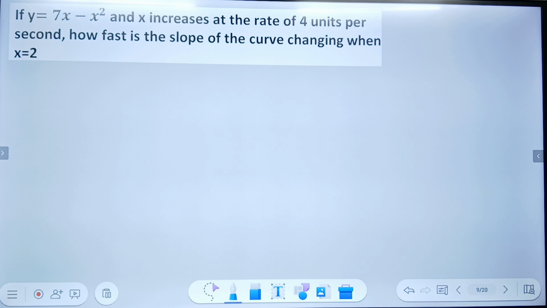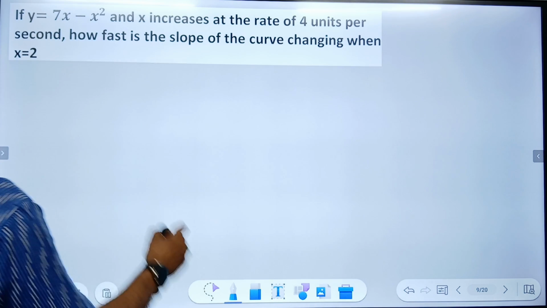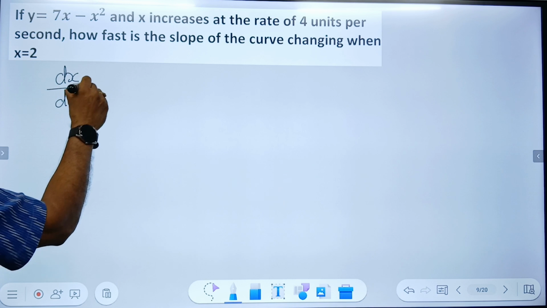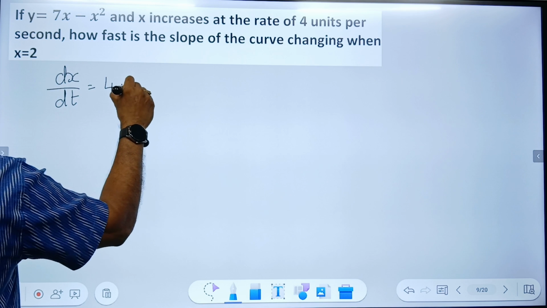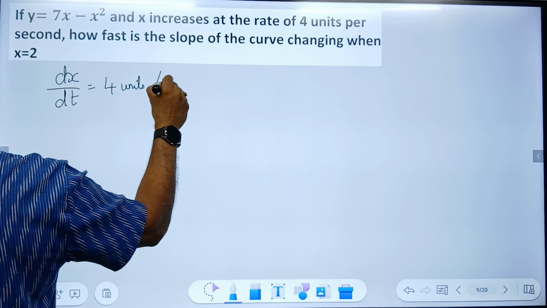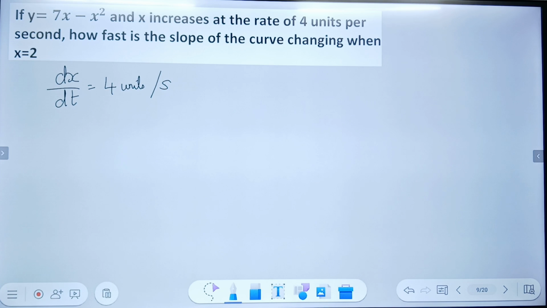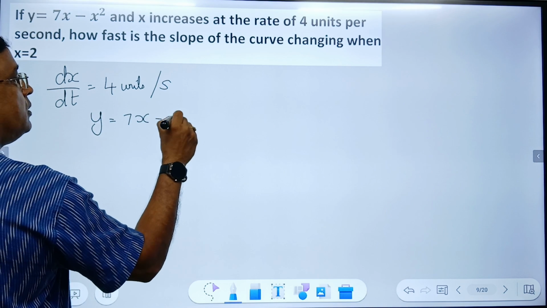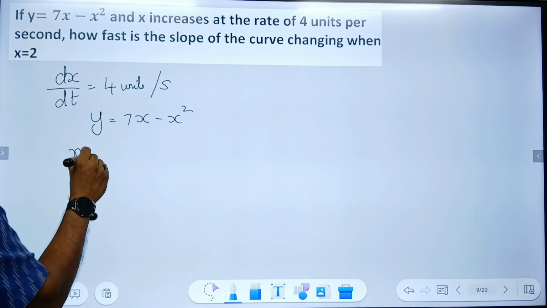Okay. If y equal to 7x minus x square and x is increasing at the rate of 4 units per second, how fast is the slope changing? What do you mean by slope? I have a curve. Now how do I find slope? I find slope and I denote it as m.